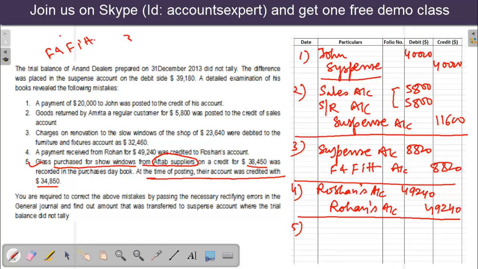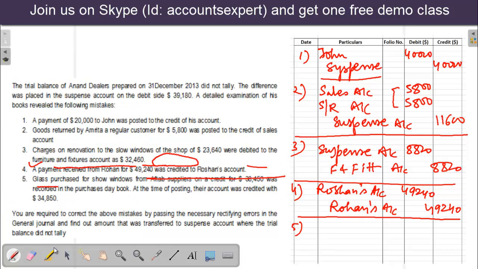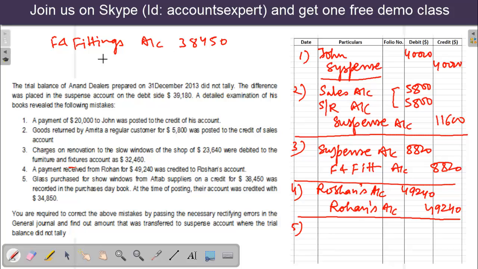with 38,450, and Aftab's account will be credited. Wait a minute, let me rewrite the entry. What is the correct entry? We should pass this entry: furniture and fittings account should be debited with 38,450, and we are getting these goods on credit basis, so credit the giver.